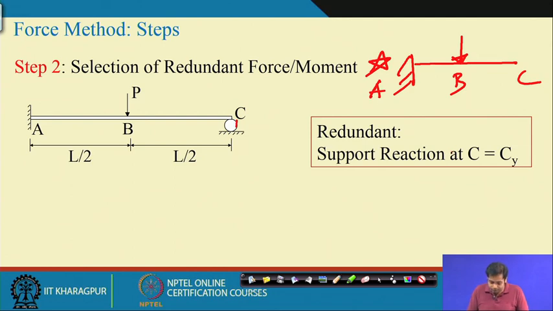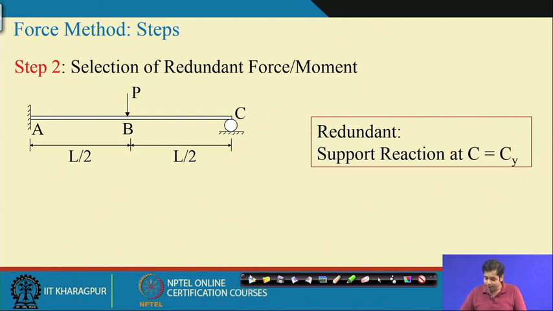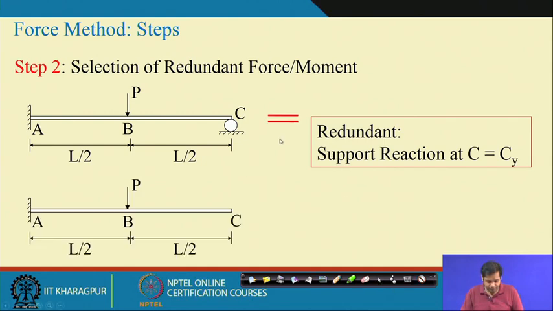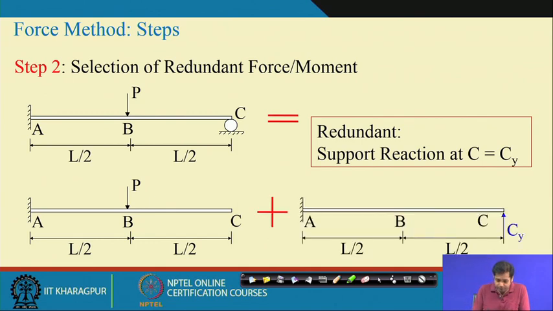Okay. Now, if we take this as the redundant force, the next step is, based on this redundant force, we need to decompose the entire structure into basic determinate structures. Now, this structure can be decomposed into two parts using linear superposition.